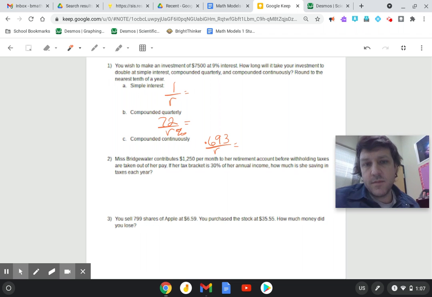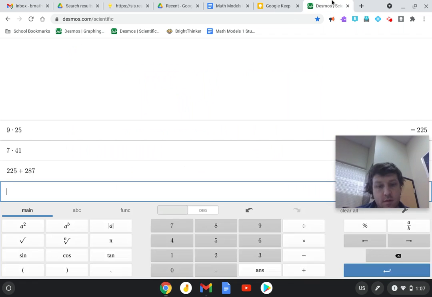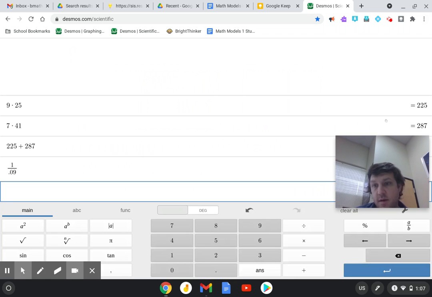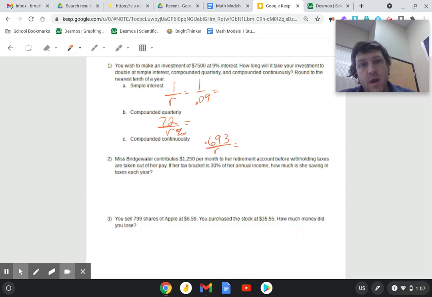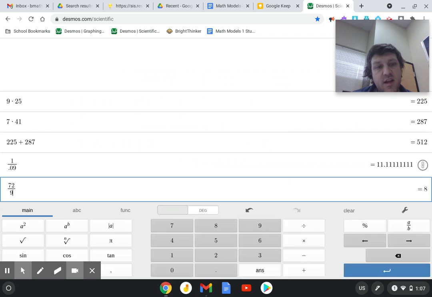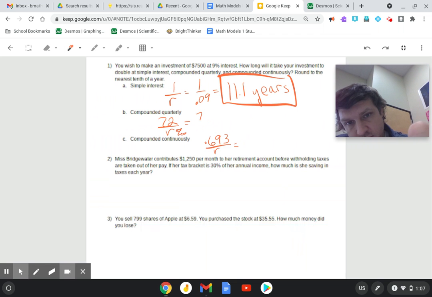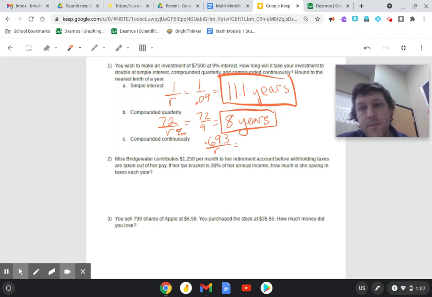All right. So 1 over R, that's going to be 1 divided by 0.09. That's 11.1. It's going to take 11.1 years to double at simple interest. 72 divided by R as a percentage, so not 0.09, but 9: 72 divided by 9 is 8 years at compound interest.